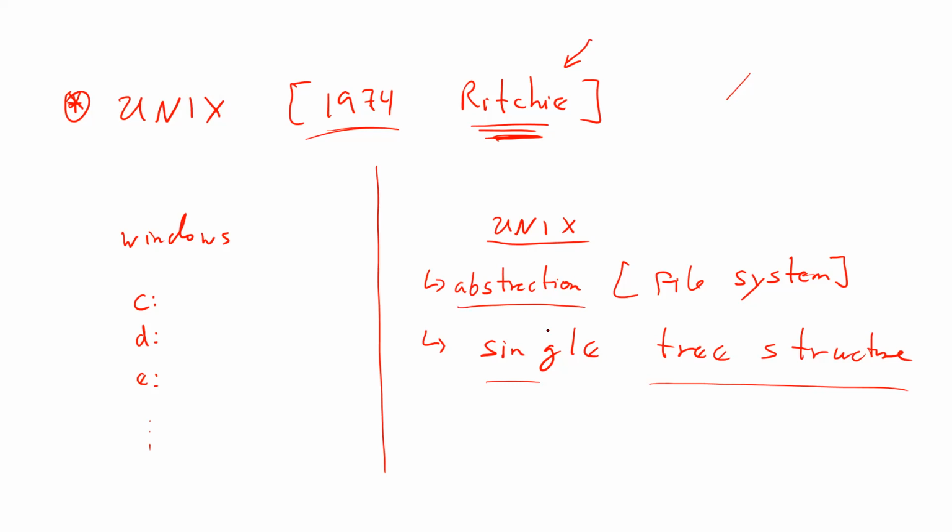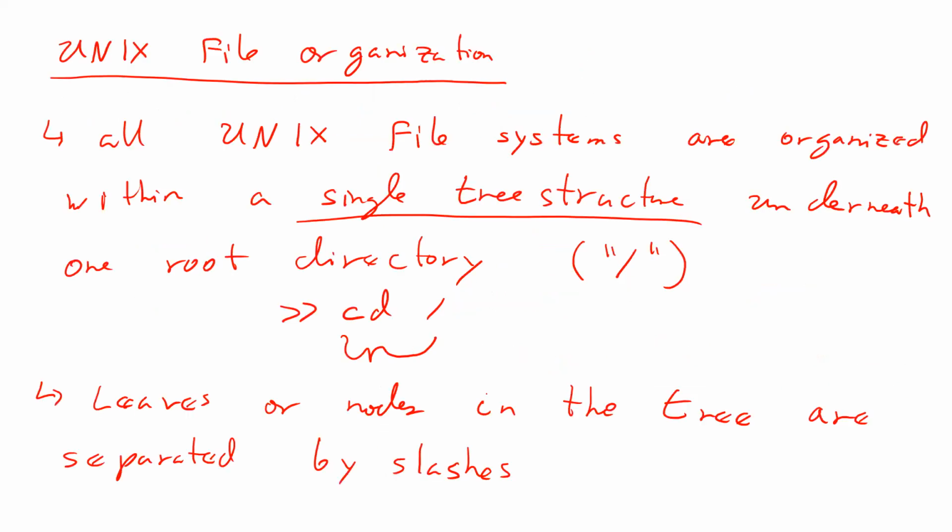Instead of looking into the C drive, you can just go into that part of the file system where something is mounted. So all Unix file systems are organized within a single tree structure, all underneath one root directory, which is usually the /.